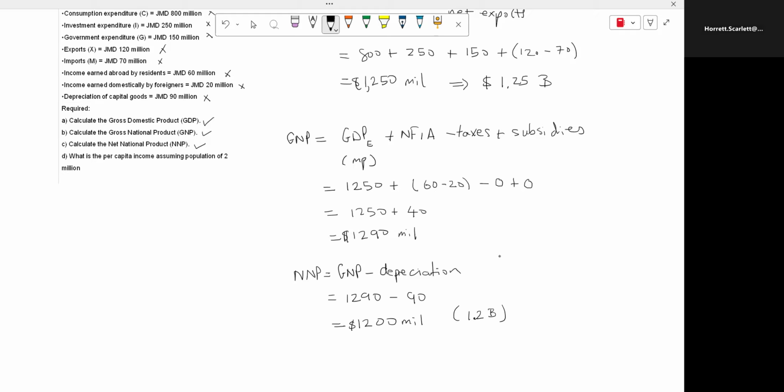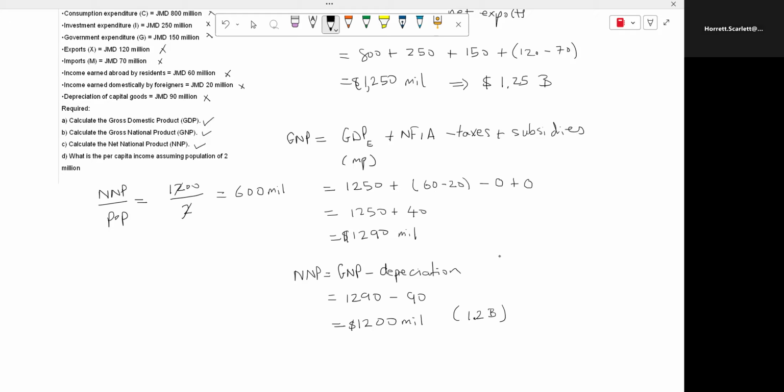So the final thing here is now to find the per capita income. And the per capita income is given by NNP divided by the population. So what is NNP? Well, NNP is 1,200 million and the population is 2 million. So when we do our division, we end up with 600. 600 what? 600 million.